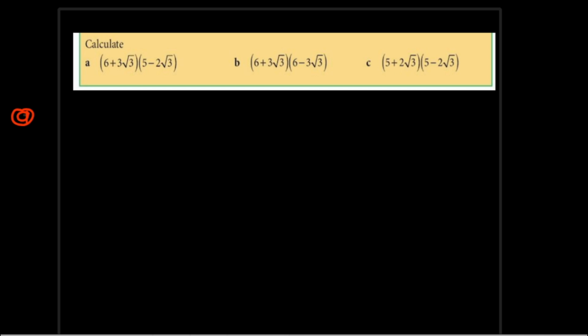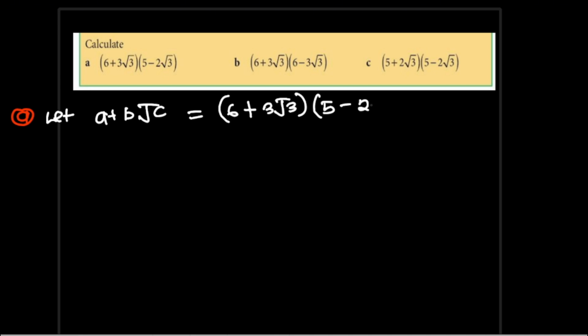So for a, we're going to let a plus b root c equal the statement we have in brackets: (6 plus root 3)(5 minus 2 root 3).